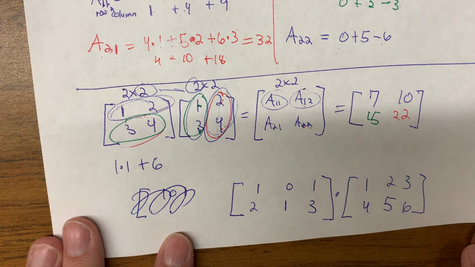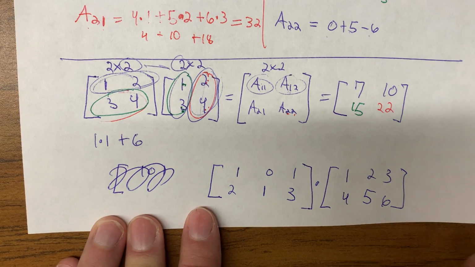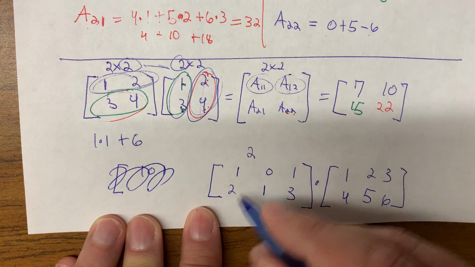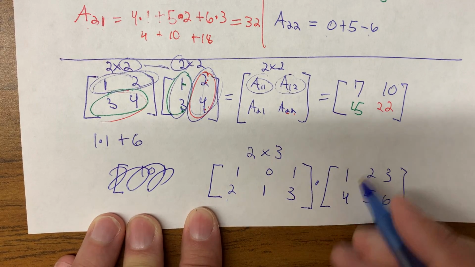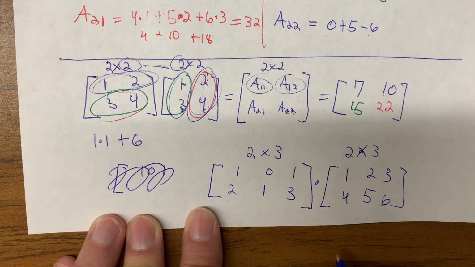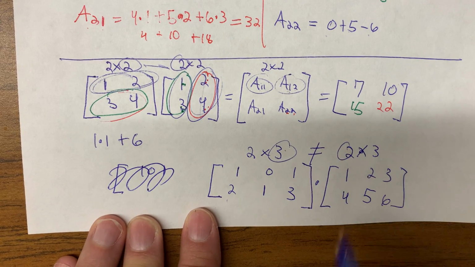Multiply these two together. I hope you noticed that this is undefined. The first has 2 rows by 3 columns, and the middle dimensions are not equal to each other. 3 does not equal 2, so this cannot be multiplied.